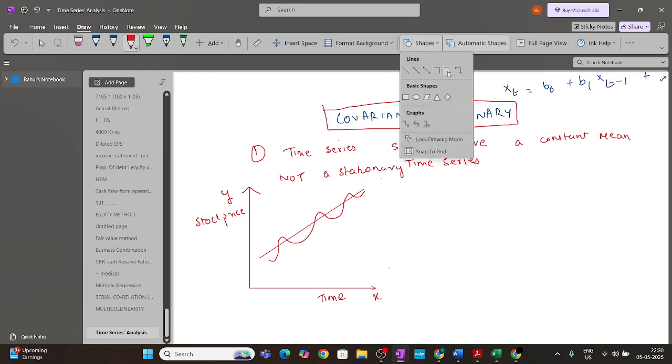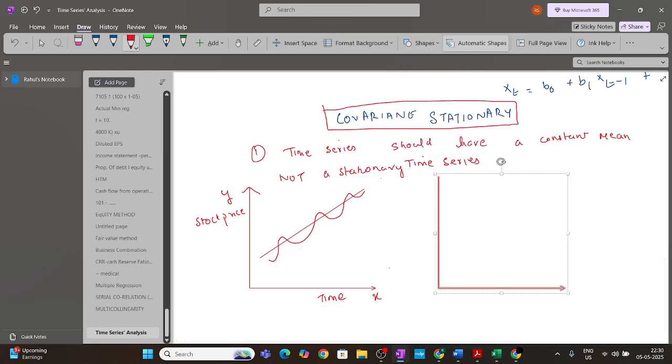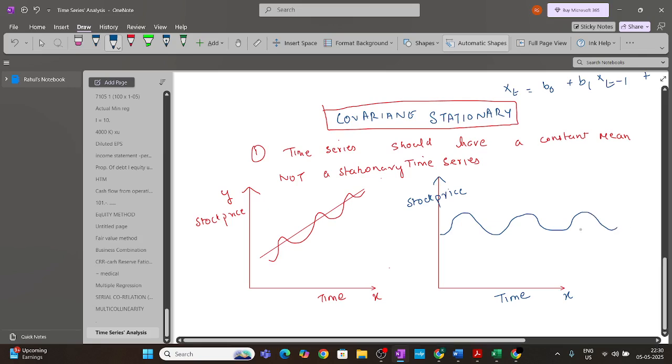अब दूसरा टाइम सीरीज बनाते हैं। And again you have stock prices here and time on the x axis. Now does this have a constant mean?